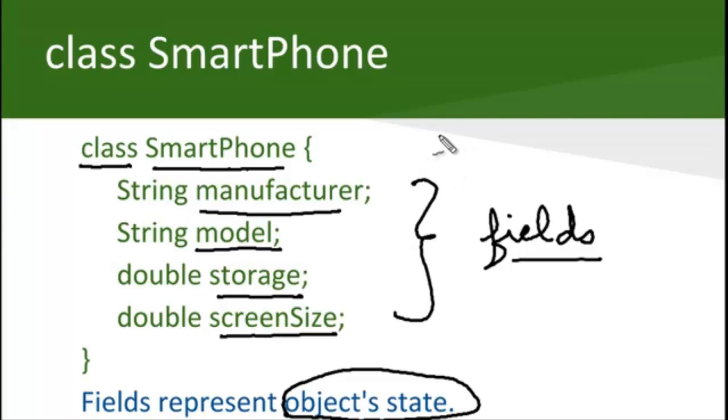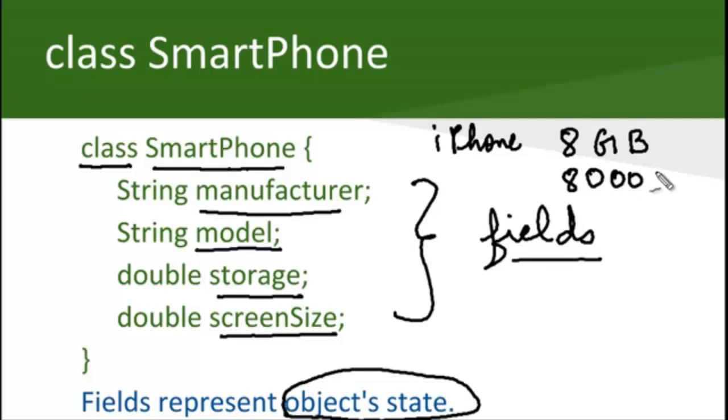For example, an iPhone might have 8 GB of storage, let us say, which is somewhere around 8000 MB. On the other hand, a BlackBerry might just have 2 GB of storage.